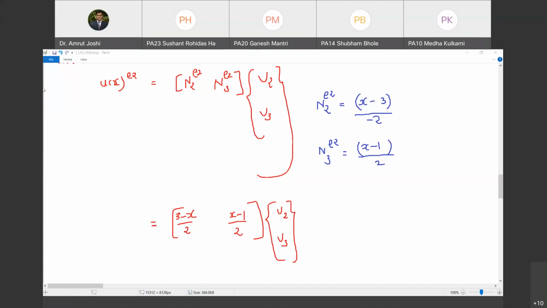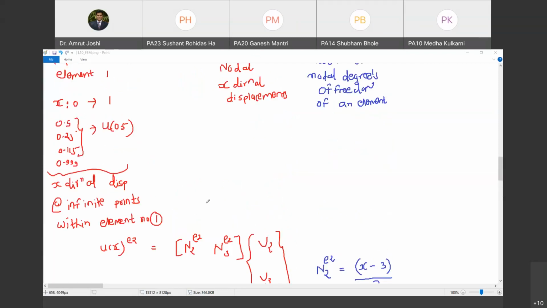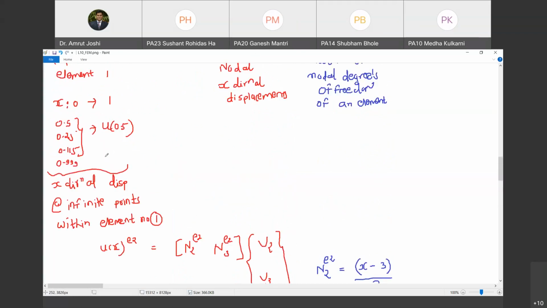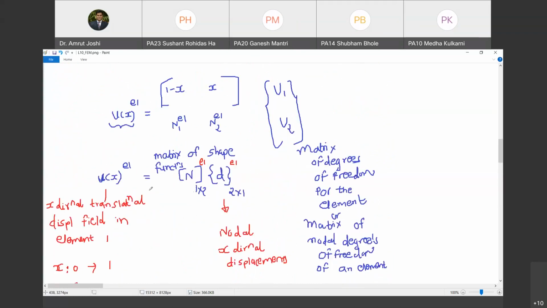Okay, so let's resume. This is the matrix of shape functions for element number 2, and this is the matrix of nodal degrees of freedom for element number 2. So ultimately we are now in a position to express displacement in x direction for any point within any of these elements in terms of nodal degrees of freedom.